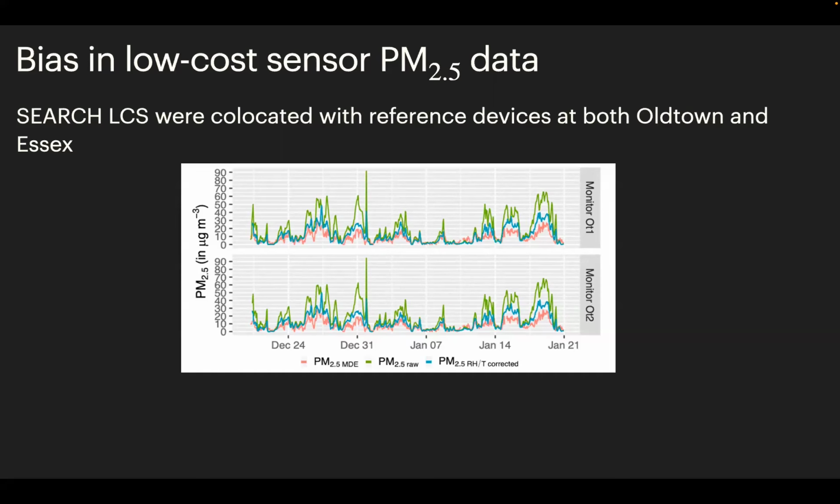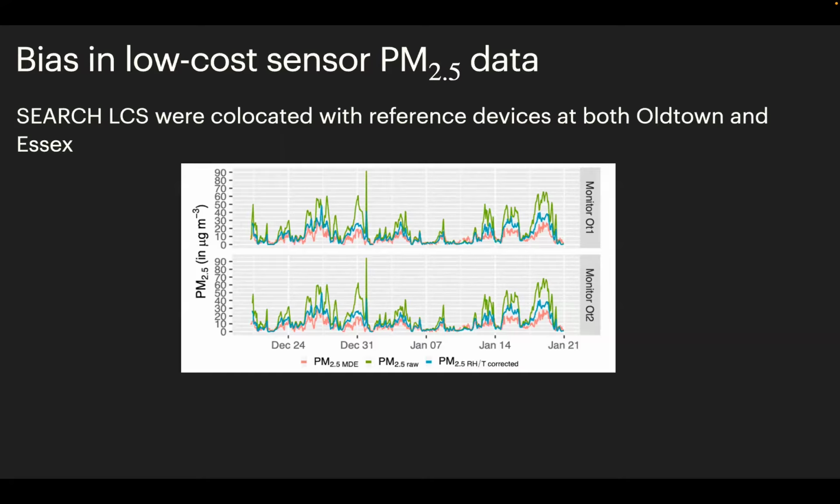What we did was co-locate a couple of sensors at the same site where there was a reference sensor, to understand how biased the low-cost sensors are. The orange line is the MDE reference sensor. The green line is the raw low-cost sensor data, and the cyan line is the one that has gone through a preliminary calibration based on lab experiments.